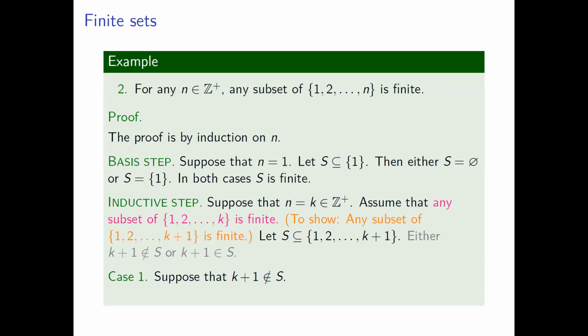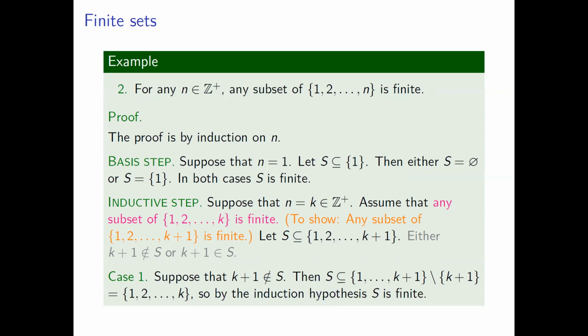Assume first that the integer k plus 1 is not an element of S. Then S must be a subset of the set of integers from 1 to k plus 1, minus the singleton whose element is the integer k plus 1. In other words, S is a subset of the set of integers from 1 to k. It follows from the induction hypothesis that S is finite.